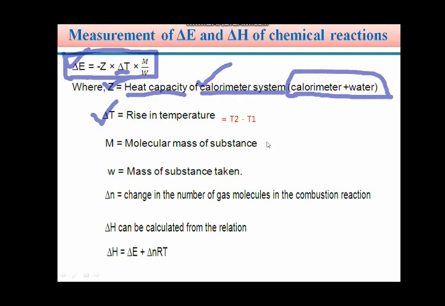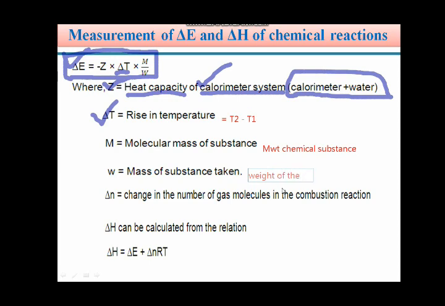In the platinum vessel inside the bomb we are taking the chemical, and the molecular weight of that chemical substance is our capital M, and W is how much quantity of the substance is taken in the platinum vessel.